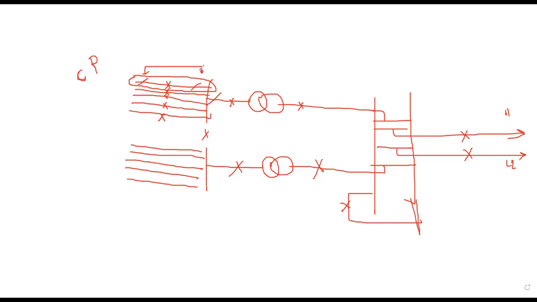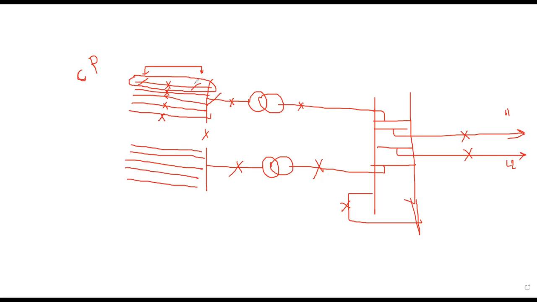In a simple way of understanding, an isolator cannot be operated or opened in service. An isolator is generally opened in a no load condition. So when I try to open this isolator in a no load condition, I have to ensure there is no flow of power in that circuit.